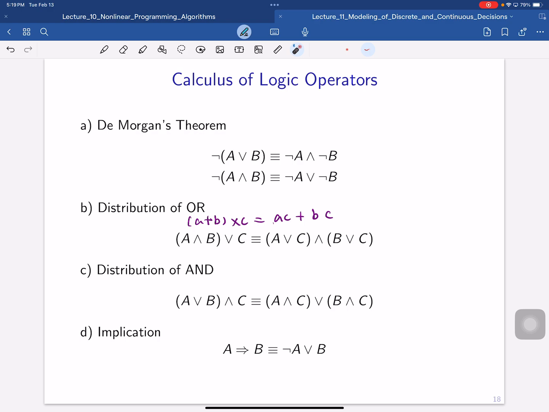And the implication is equivalent to negation of A or B. Okay, you can also prove using the truth table, or you can argue it from a logic point of view. So if A is true, then not A must be false, right?